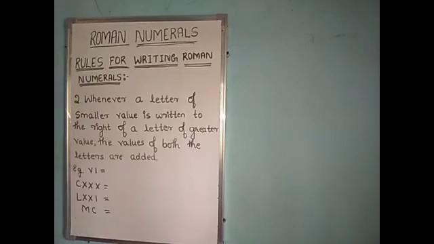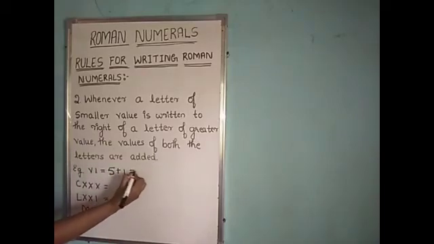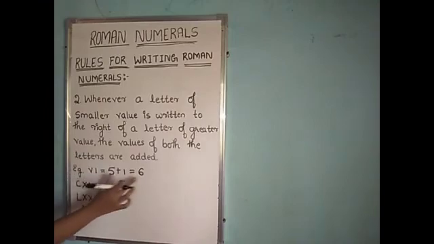We know that the value of V is 5. The numeric value of I is 1. So 5 plus 1 is equal to 6. So VI is equal to 6.